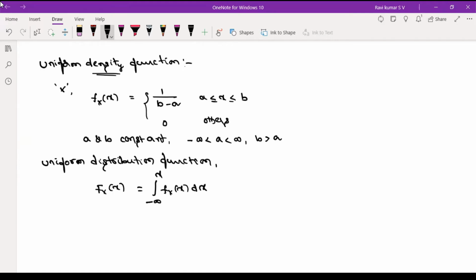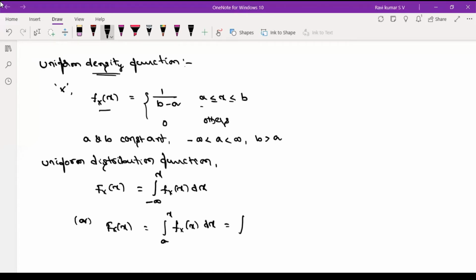But the uniform density function lies between a and b, and the starting limit is a only, so you can write this as F_X(x) equal to the integral from a to x of f_X(x) dx.